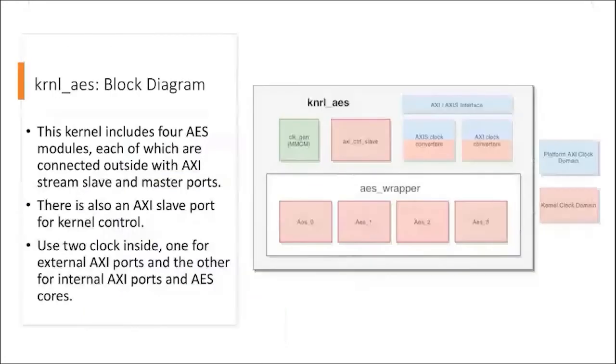So we will start by introducing the kernel AES. This is the block diagram of kernel AES. This kernel includes 4 AES modules, each of which are connected outside with AXI stream slave and master port. There is also an AXI slave port for kernel control, which is the AXI control slave here.